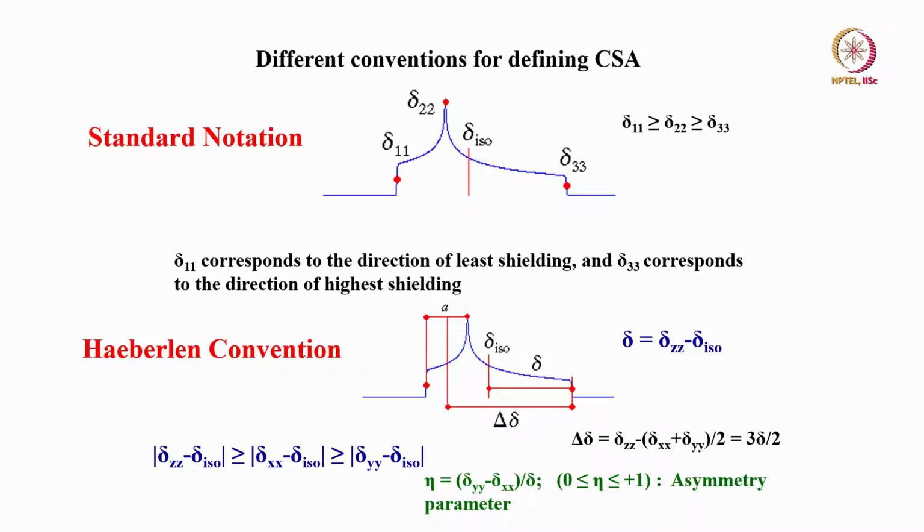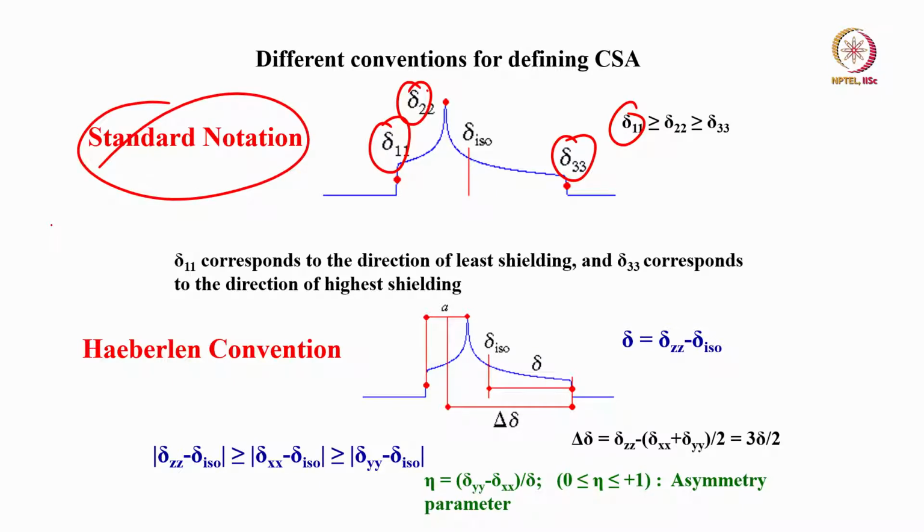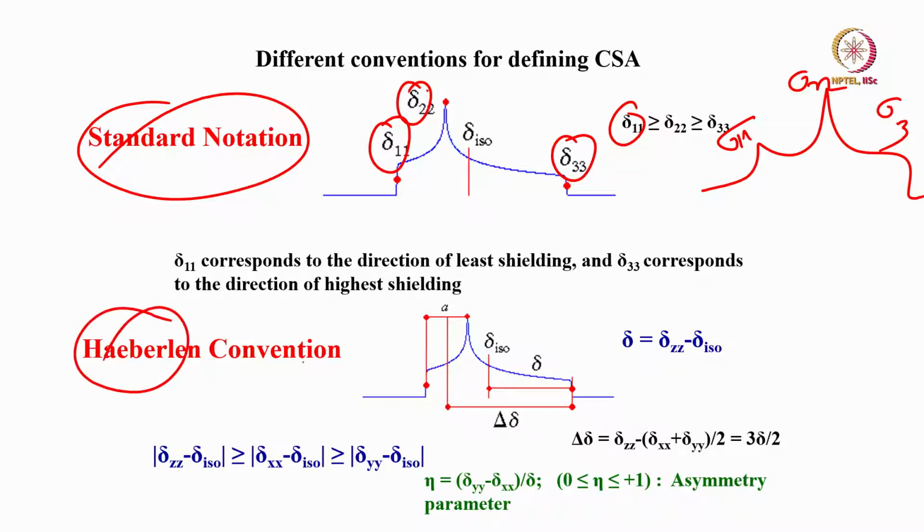Different conventions are there for defining CSA, but you do not need to worry about it since we are not going to discuss it. Just to tell you, generally this is delta 11, delta 22, delta 33 or sigma 11, sigma 22, sigma 33, and delta 11 is larger than delta 22, which is larger than delta 33; this is one standard convention. When you get an axially asymmetric powder pattern like this, it is called sigma 11, sigma 22, sigma 33 here, and this is another convention called the Haeberlen convention.